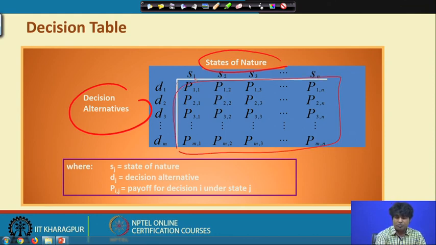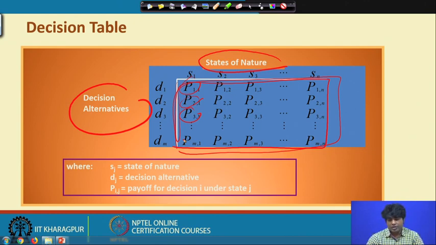That means these are all possible outcomes corresponding to the various alternatives. For instance, in this case, D1, D2, D3, Dm are the decision alternatives, and S1, S2, S3, Sn are states of nature. Then Pij, the entire matrix, is called the payoff matrix. The items under the payoff matrix can be represented as Pij.